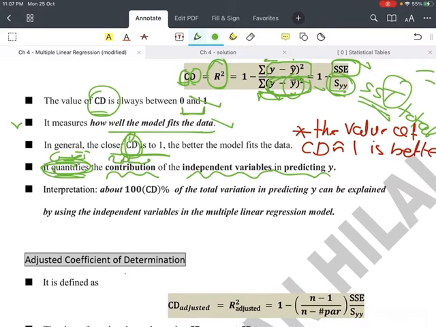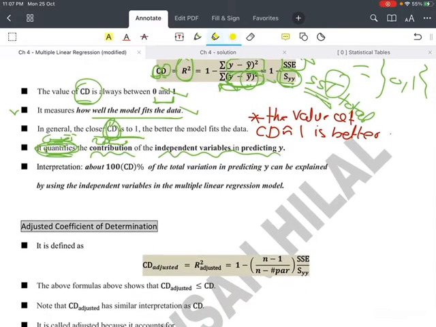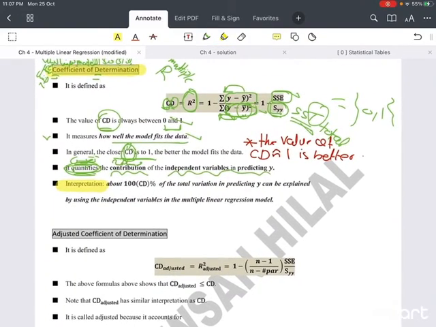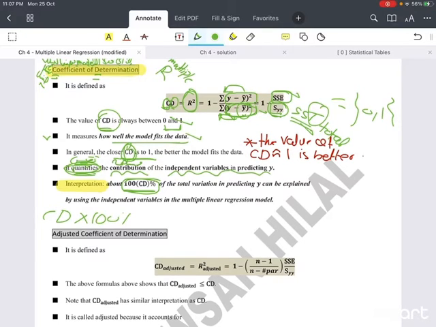Then interpretation. Interpretation is very, very important for this coefficient of determination. You will write about 100% CD. This will be the value of CD. So you will find CD, you multiply it by 100% and put this value here.